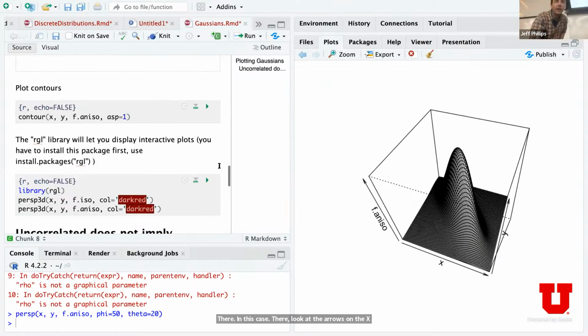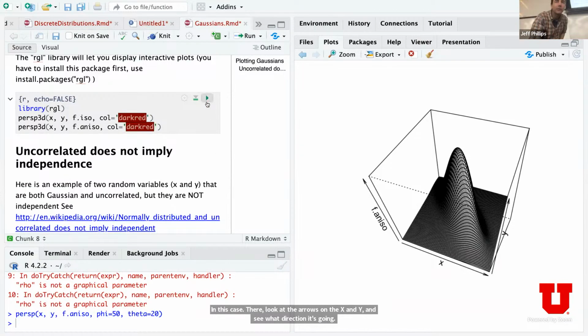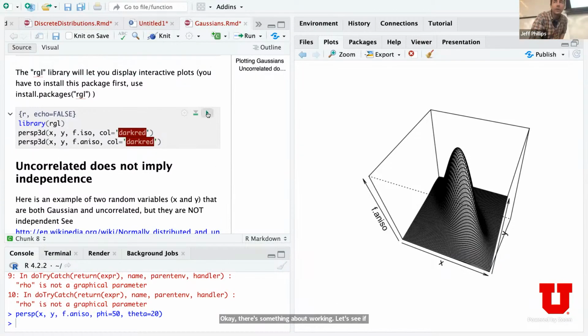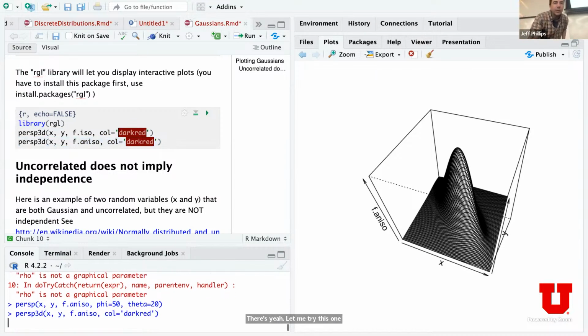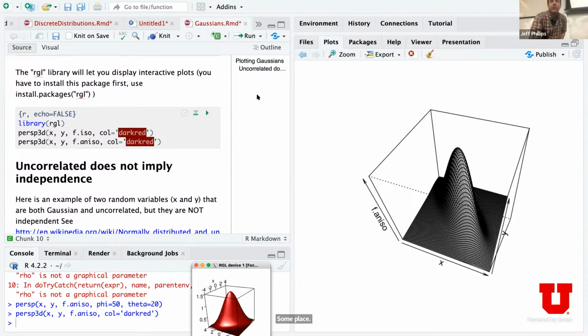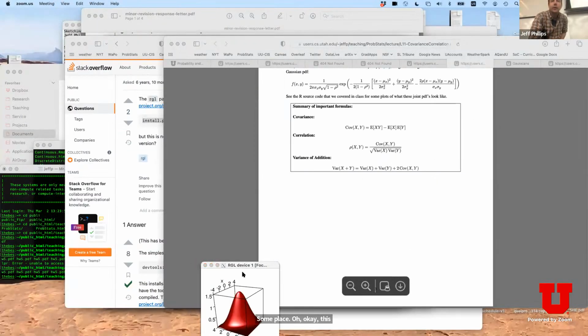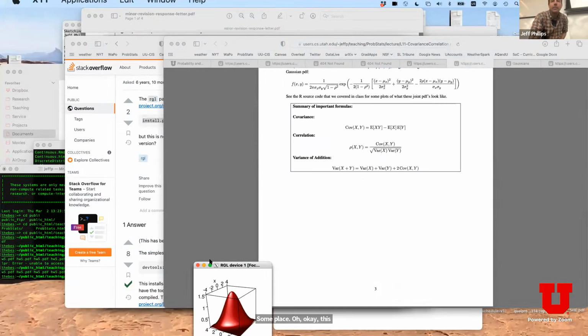Okay, there's something I have working. Let's see if this works. Here, let me try this one, see if I can get this working. This should pop up someplace. Oh, okay.